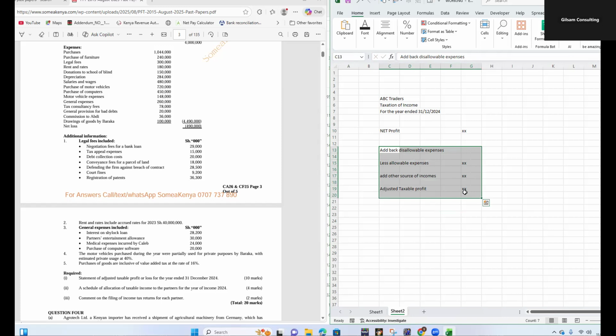Another approach starts with the net profit: sales, cost of sales, less expenses, you arrive at this one. That is one approach. It depends on the examiner. Another approach will be sales, and then less cost of sales, and then you less allowable expenses only.